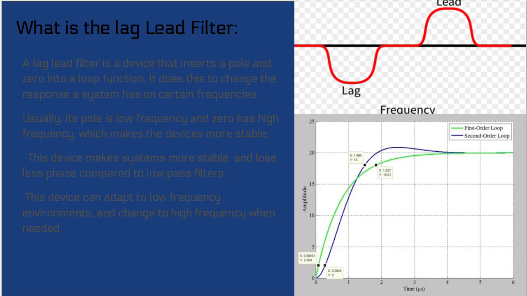It can adapt to a low frequency environment and then change to a high frequency environment when that is needed. So here's a graph showing the lag lead frequency graph. Here's the lag part, and there's the lead. This is how the behavior of a device changes due to the lag lead filter.